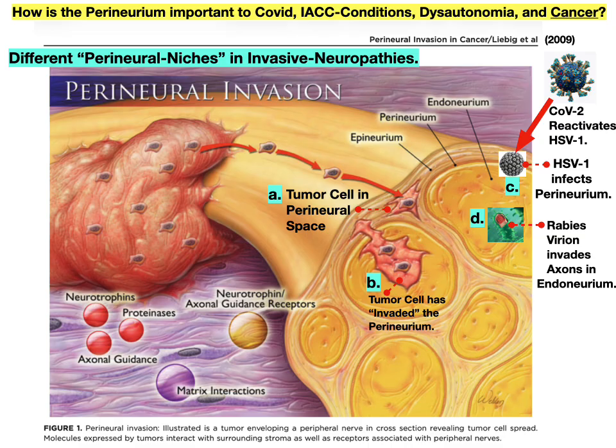That is a hypothesis. Example D shows the invasion of a rabies virion invading axons in the endoneurium. Once again, the endoneurium is the tissue compartment of a nerve which contains a fascicle, a bundle of axons, and certain viruses are able to move within the cytoplasm of individual axons via microtubule-based transport.